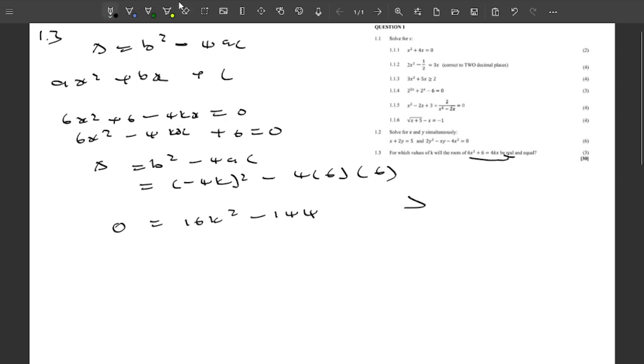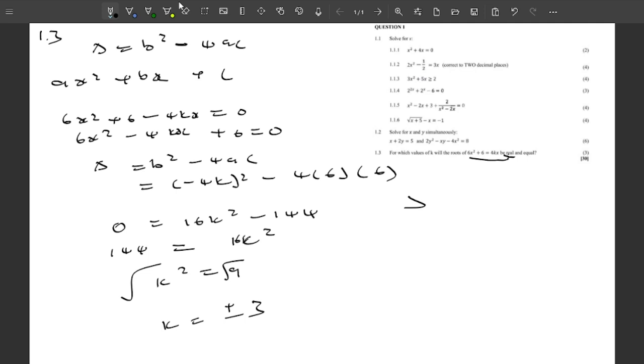Now this minus 144, we're going to take it to the other side. It's going to be 144, which is equal to 16k squared. Divide both sides by 16, and you're going to have k squared is equal to 9. The square root of this is k plus or minus 3. Therefore, k is plus or minus 3.